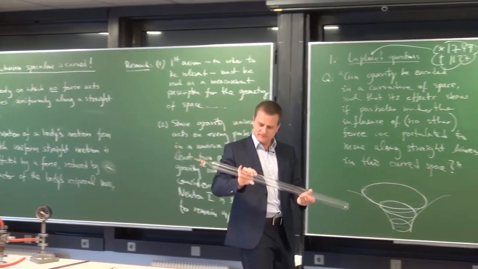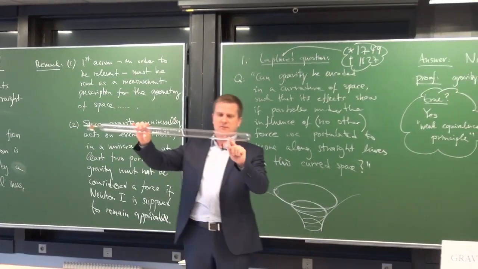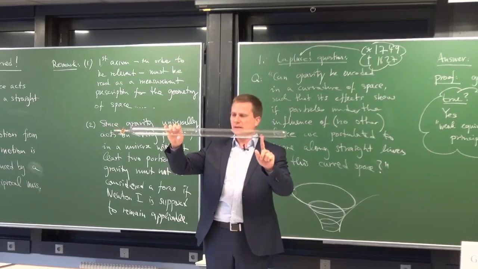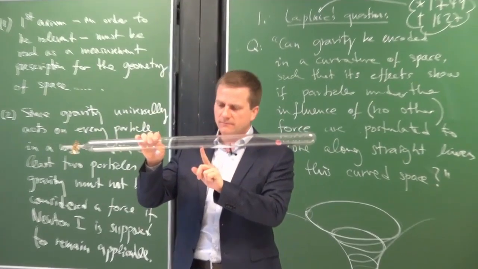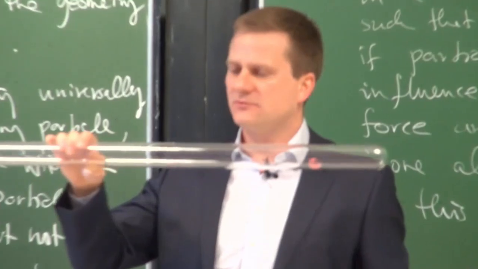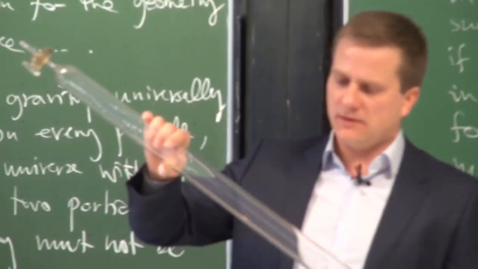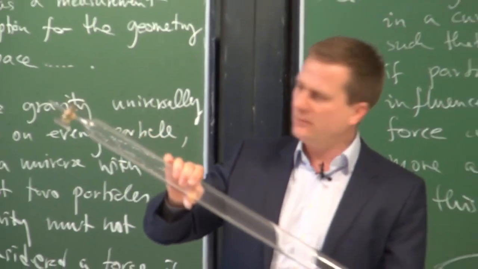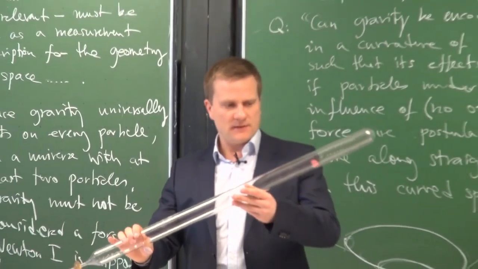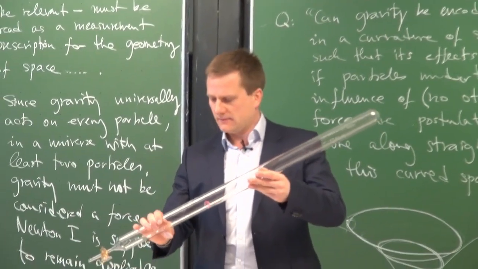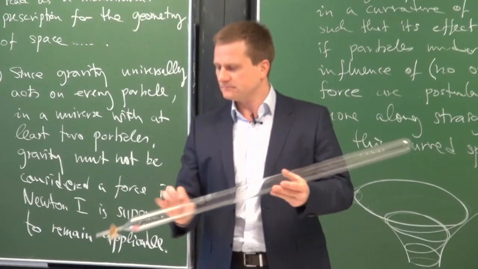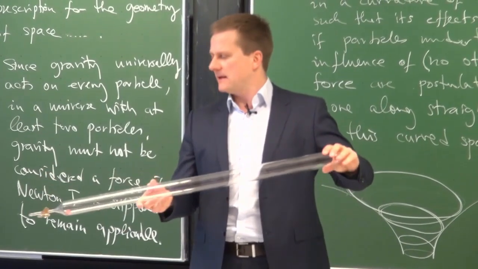So we have here two things. We have a little feather and we have a little bead. Both are red. Now they're just for fun, they're in this tube. Let me start maybe here. Now you know what happens.